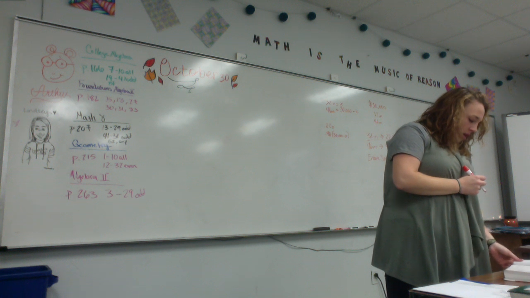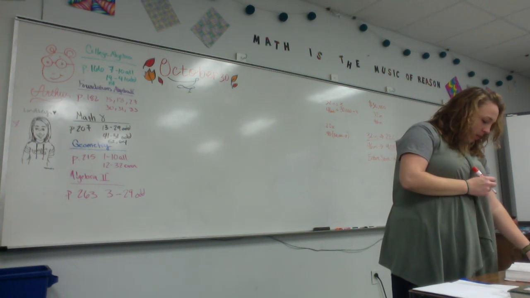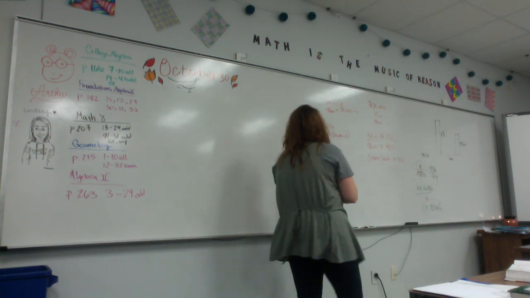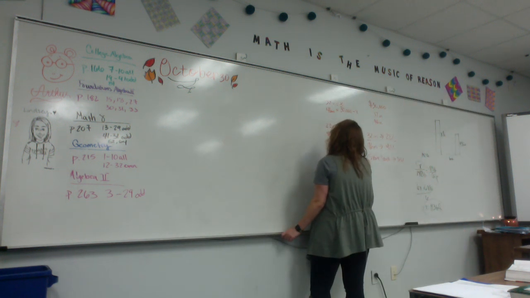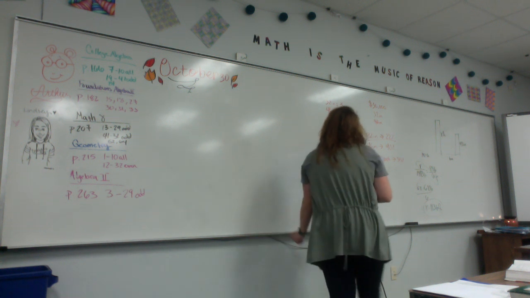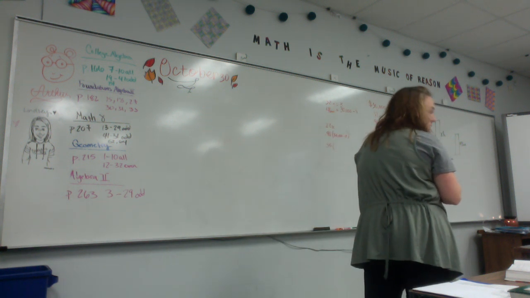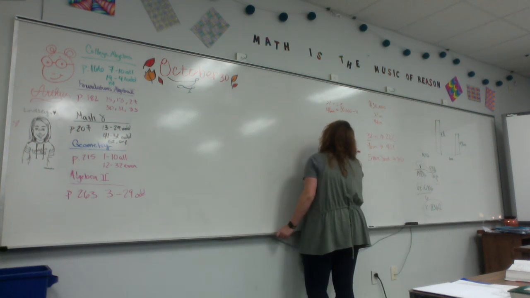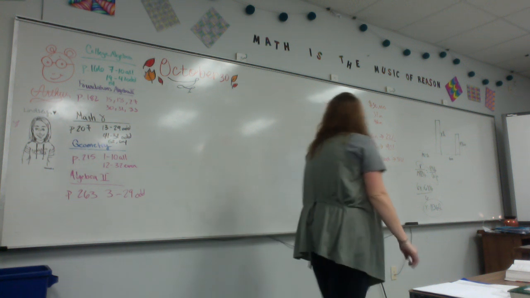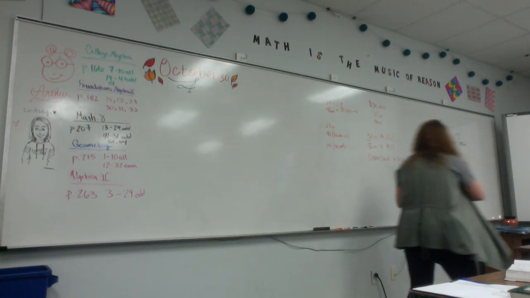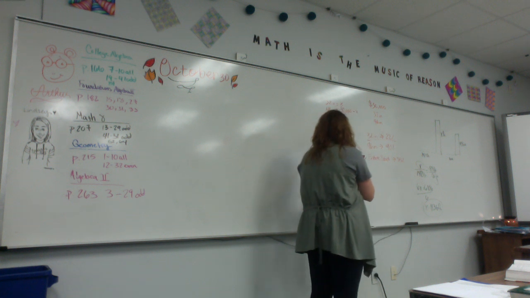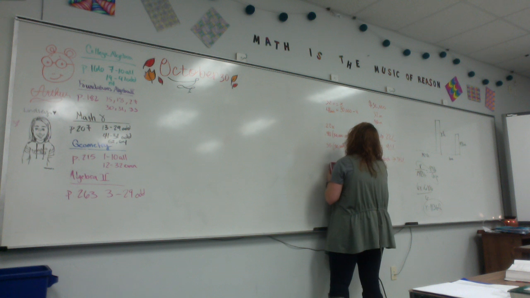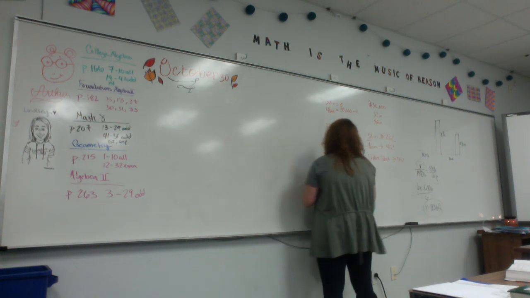I'm going to set that equal to your total profit. Your total profit is 35% of $30,000. That's what you're starting with. So my total profit would be $10,500.